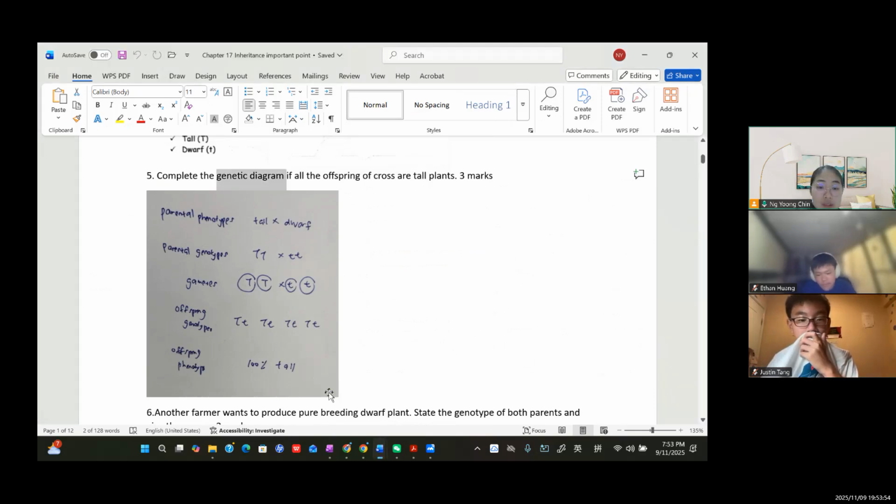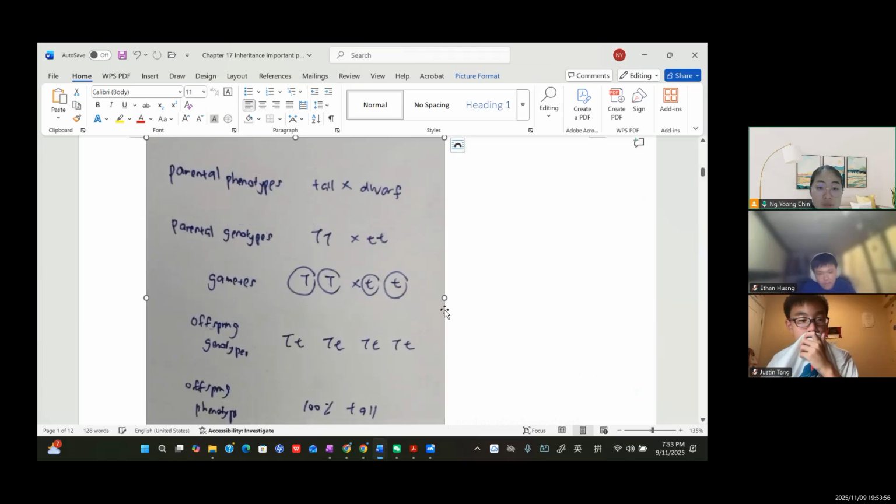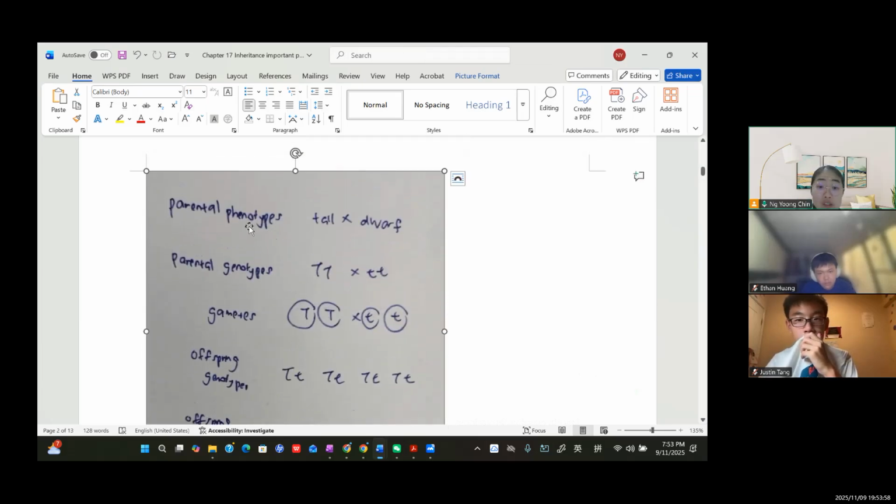Actually, they are just asking you to write out the phenotype. The phenotype is the description, either it's tall, or it's bright in color, or dark in color. So phenotype is when you use words to explain them. And then genotype is the alleles, the dominant alleles or the recessive alleles. So for example, you want to cross a tall plant with a dwarf plant, the genotype is two big T because it's tall.